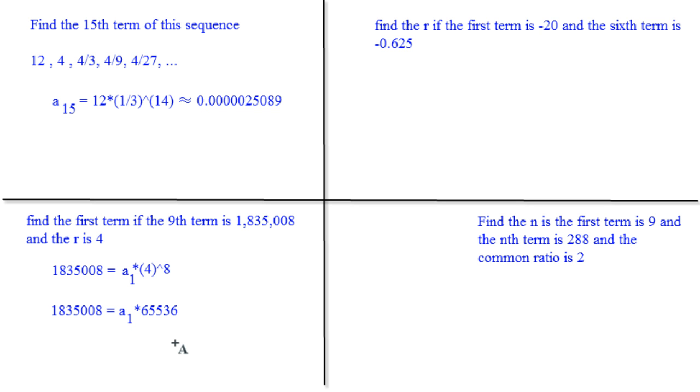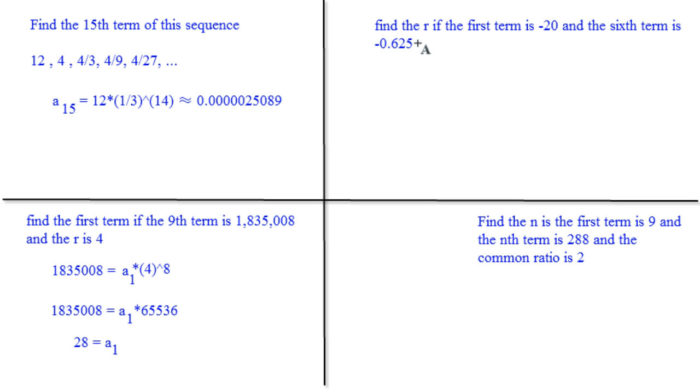So that one's pretty simple. 1,835,008 divided by 65,536. And this one's going to be nice and neat. It's going to be 28 is a sub 1. So really cool stuff to actually work with right there. Alright.